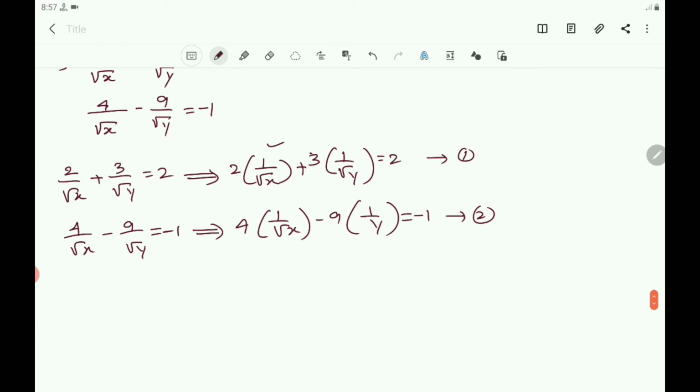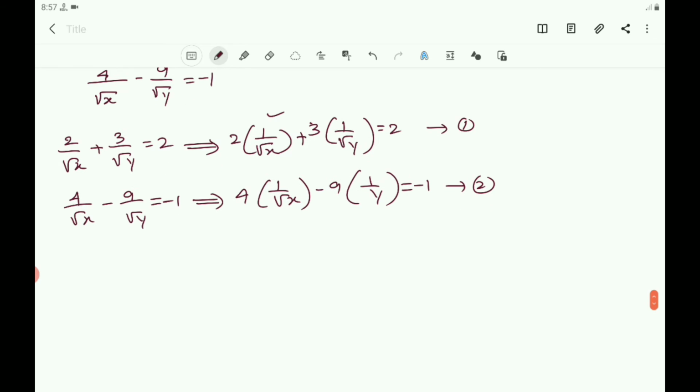Now here you put 1 by root x equals another variable as a, and 1 by root y is equal to b, or you can take u, v or m, n, whatever it means. So let us take m here.